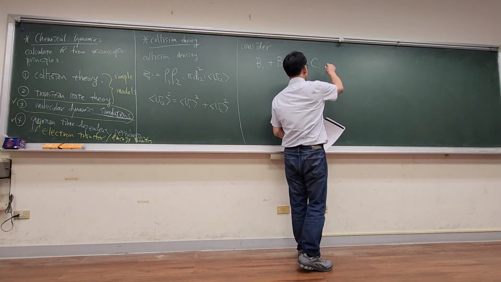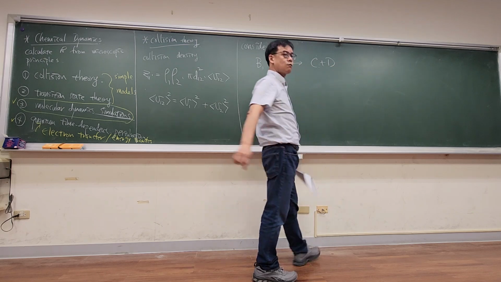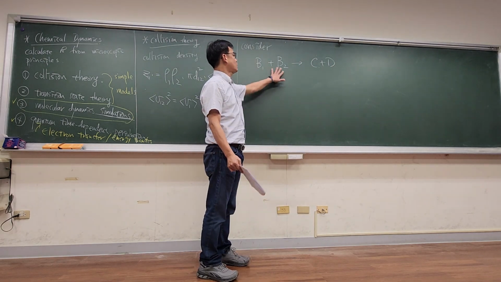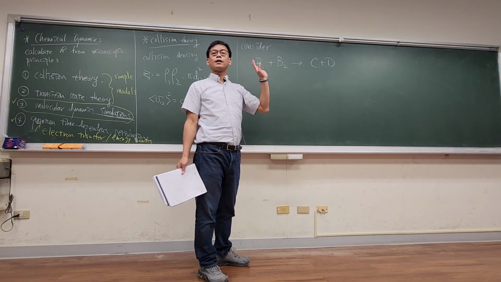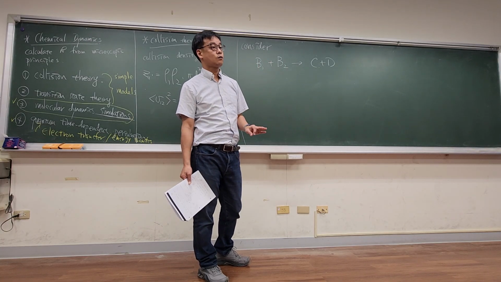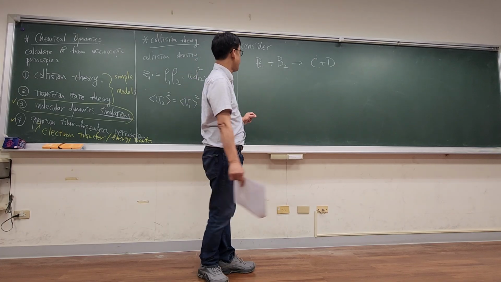You can see, what is the product we don't actually care. C plus D or C plus Y, we don't really care. But we care about two particles colliding. And those are structureless hard sphere particles. Okay?